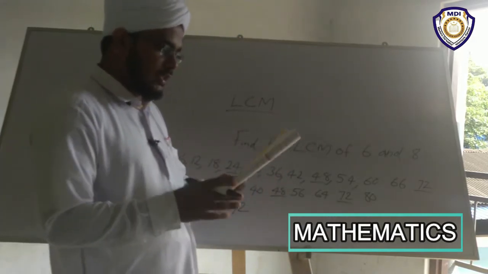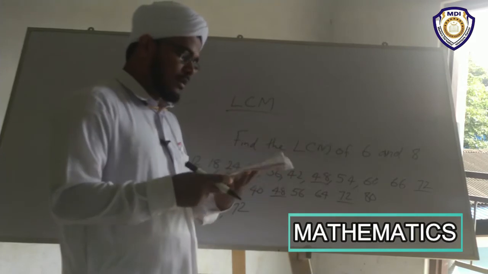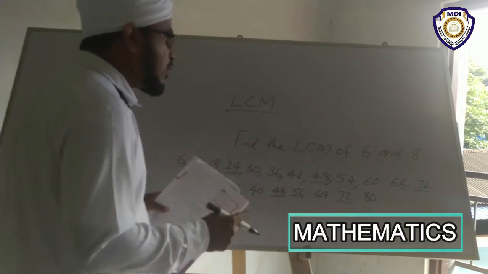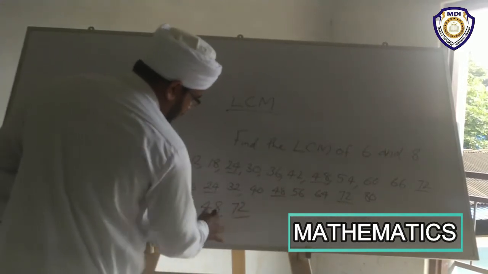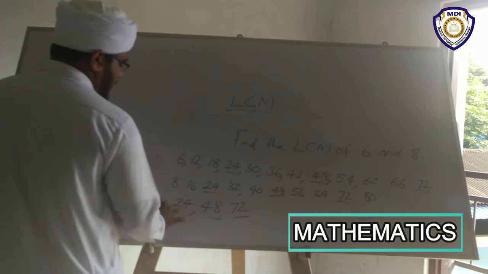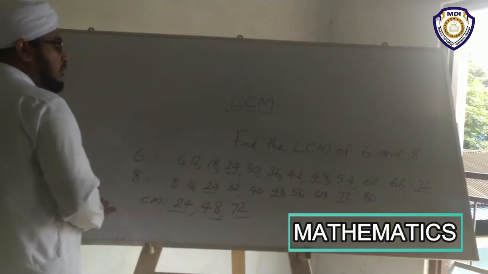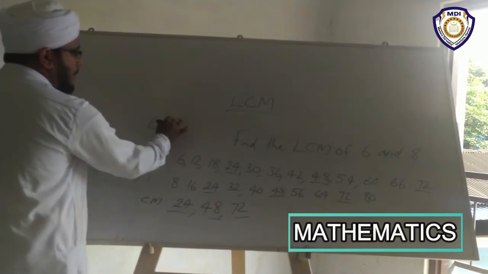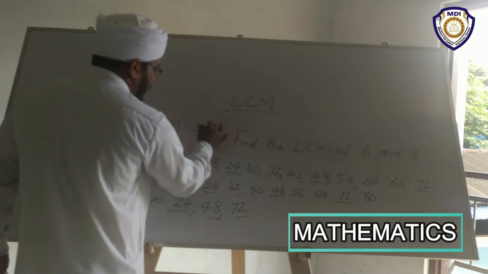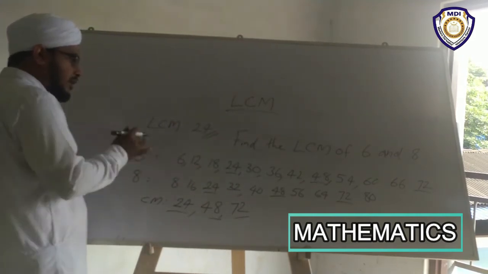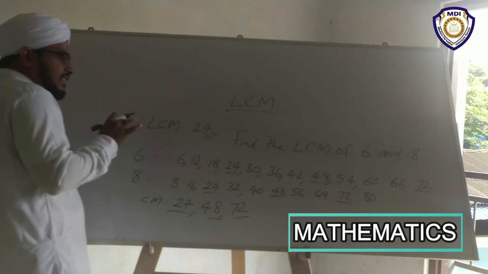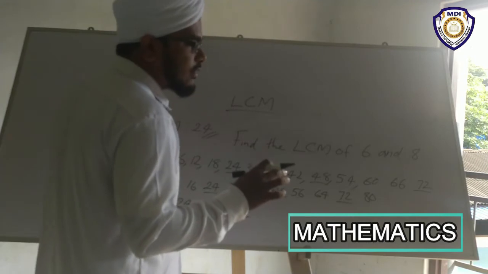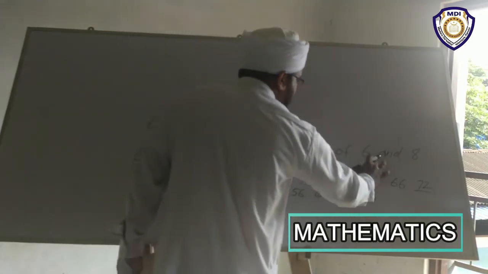Next step: what is the least of the common multiples? This is the largest, this is the next largest, this is the least. Then 24 is the LCM. Here LCM is 24. What is the definition of LCM? The smallest number which can be divided by these two numbers.